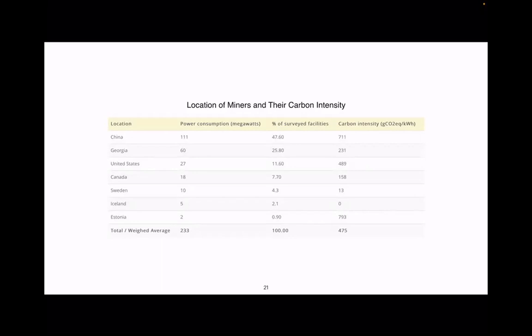But some environmentally friendly miners have settled in places like Canada, Iceland, and Sweden, where the cool weather and the abundance of renewable energy has led to very low levels of carbon intensity compared to China or the US. And it can go as low as 0 grams of CO2 equivalent per kilowatt hour in Iceland, for example, as seen in the chart below.